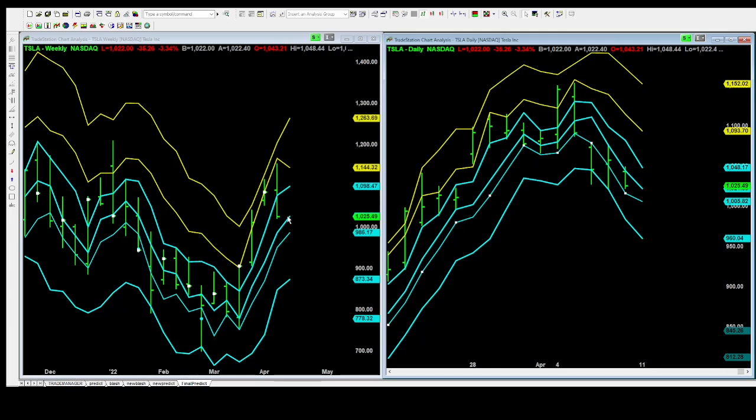But if it can't sustain around this support level, it will continue to drop down to this target minimum price, which is around $1,000 or maybe even a little lower, to $986.